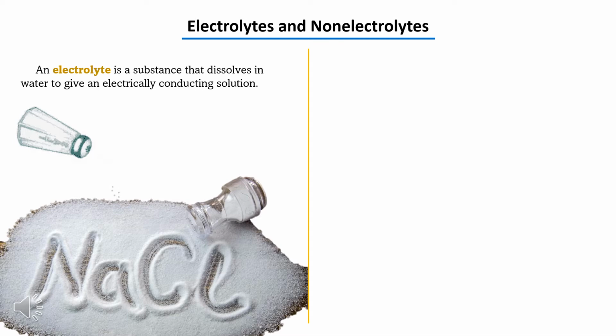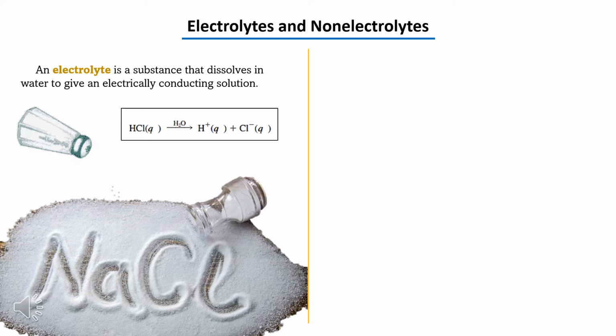However, not all electrolytes are ionic substances. Certain molecular substances dissolve in water to form ions. The resulting solution is electrically conducting, and so we say that the molecular substance is an electrolyte. An example of this is hydrogen chloride gas, which is a molecular substance.